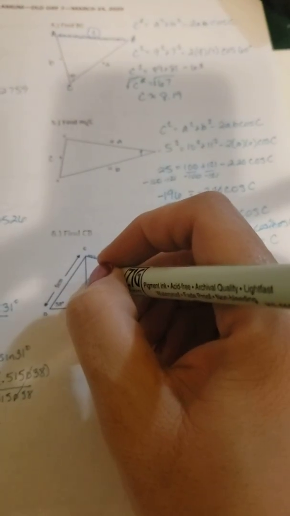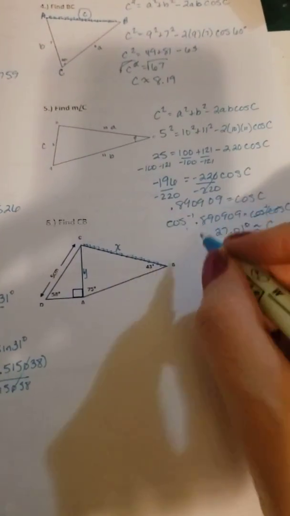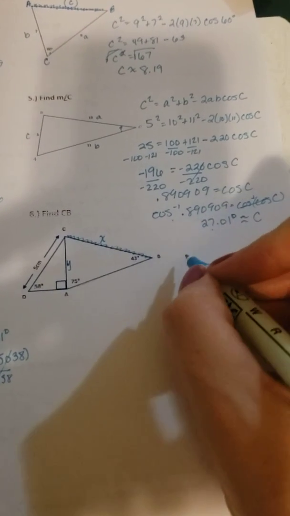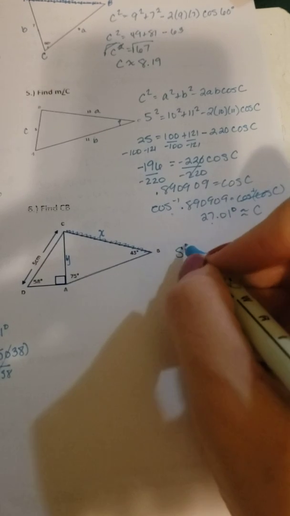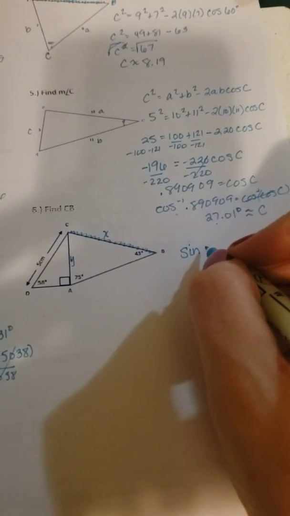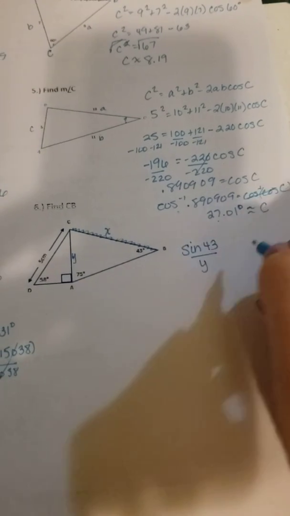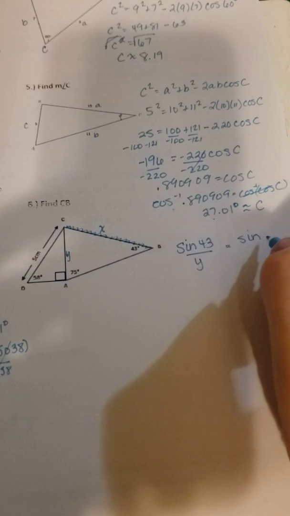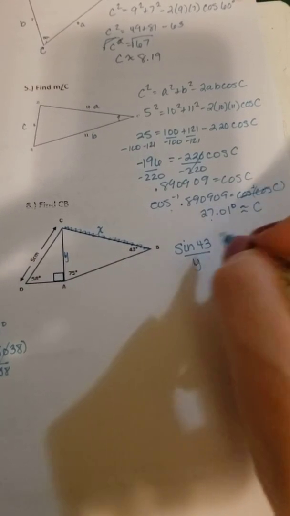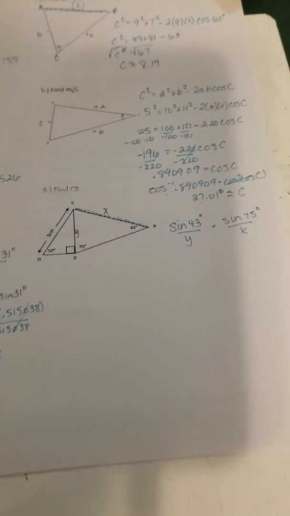So let's call this height Y. Okay, so I'm going to set up my law of sines and just see what I'm missing. So the sine of 43 over Y, if I knew it, would be equal to the sine of 75 degrees over X.